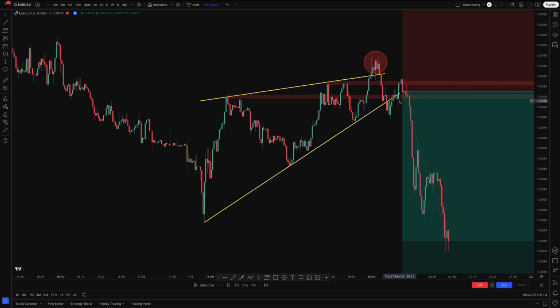Okay, so we execute a lower binary option or a put right here, right at the end of this candle. And remember guys, don't enter candles when they're still forming. Okay, enter the closes and the opens, only trade them. All right, because it's a lot easier to forecast price action this way.